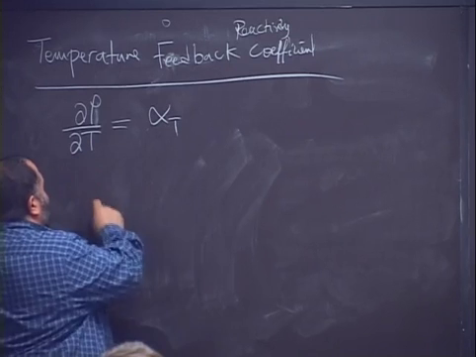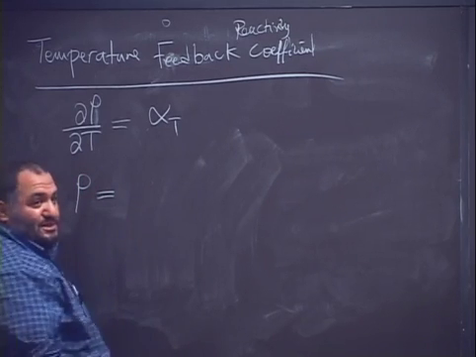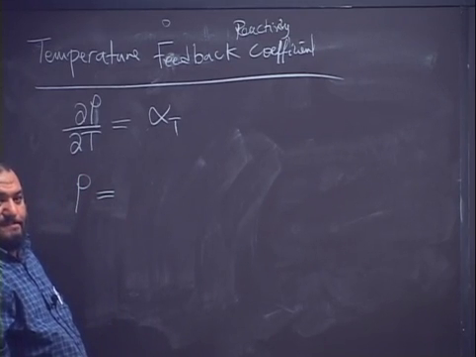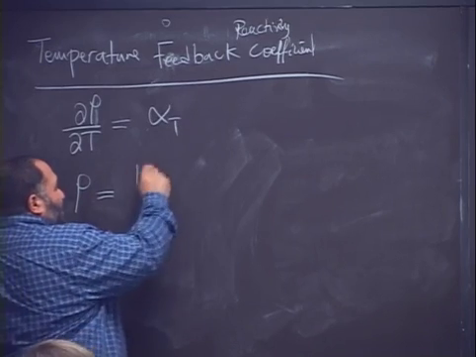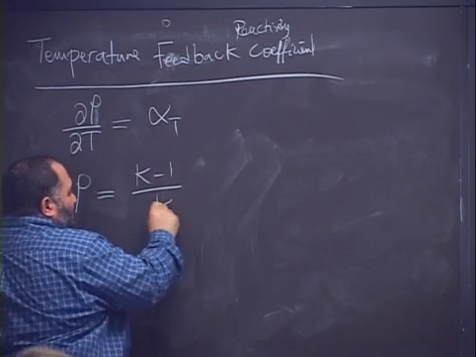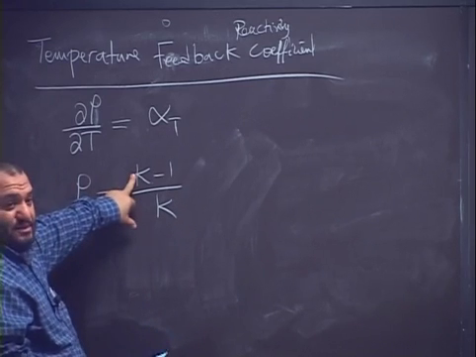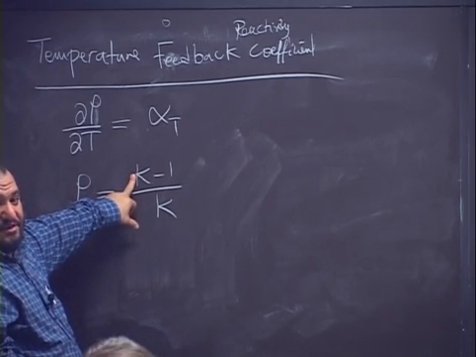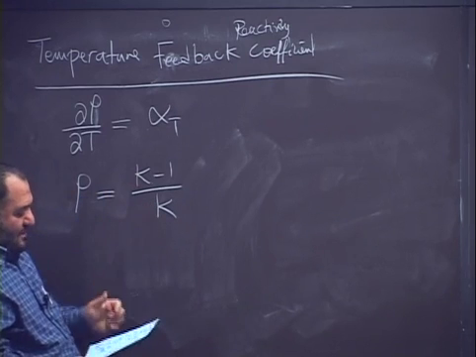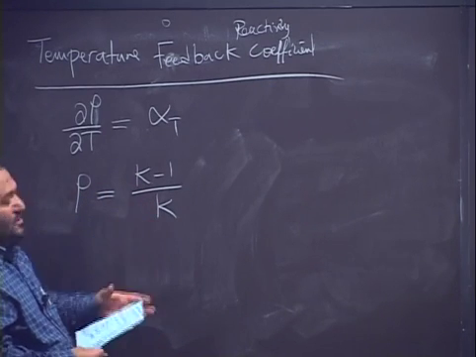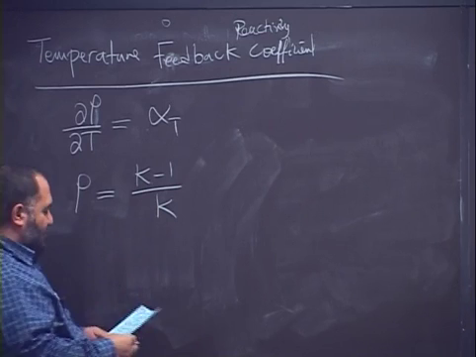What is the definition of rho? Rho is equal to K minus 1 over K, where K is the effective multiplication factor, and we remove the word effective from the formula here.